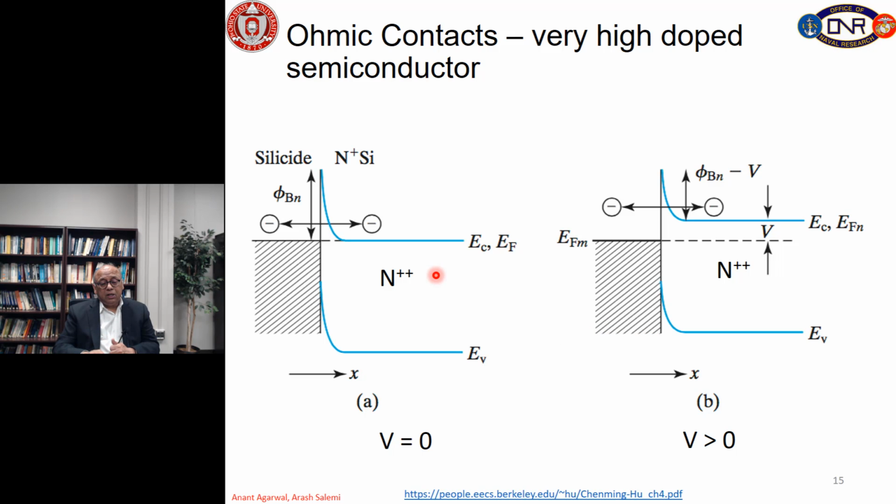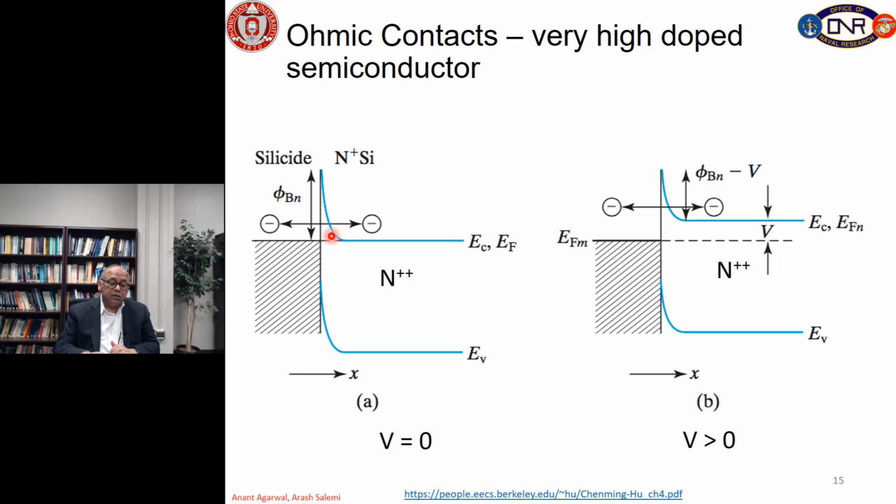So, the ohmic contacts in semiconductor are basically formed the same way, except we dope the semiconductor side very, very heavily. In this case, we have shown N++, that means very high doping.